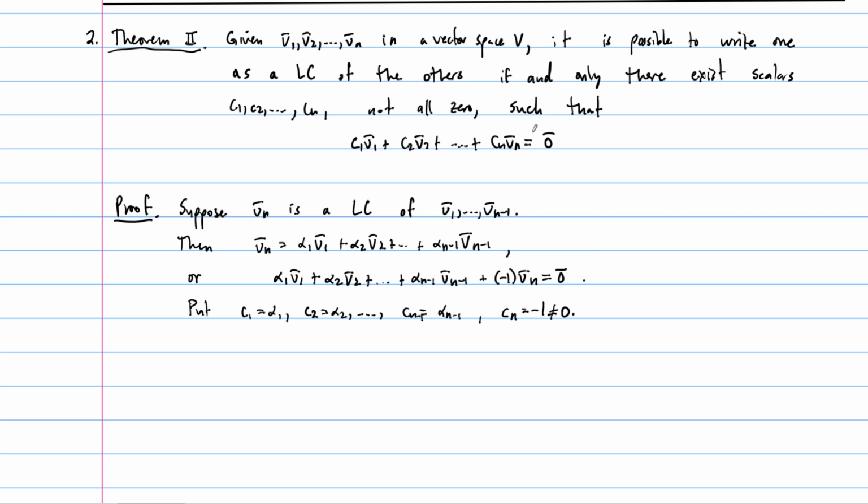The other direction is to suppose that we have these constants that are not all 0. Suppose there exist constants C1, C2, all the way up through Cn, not all 0.